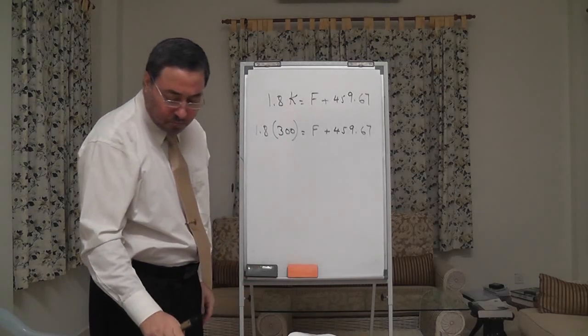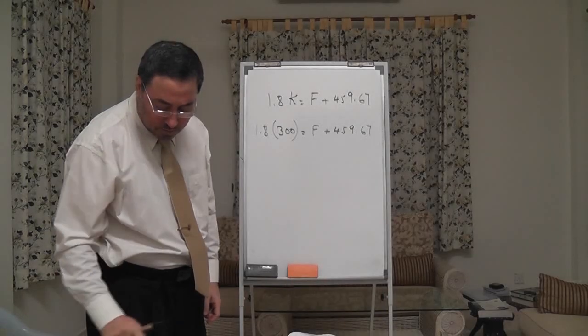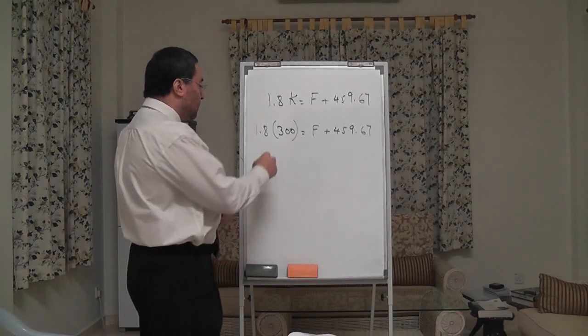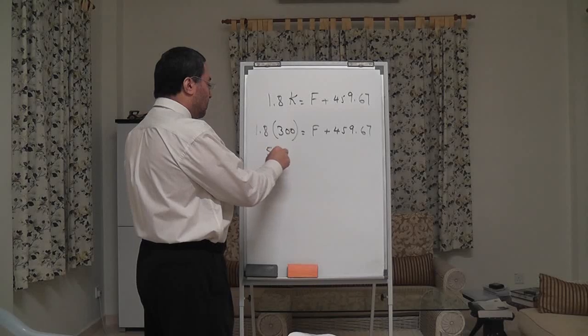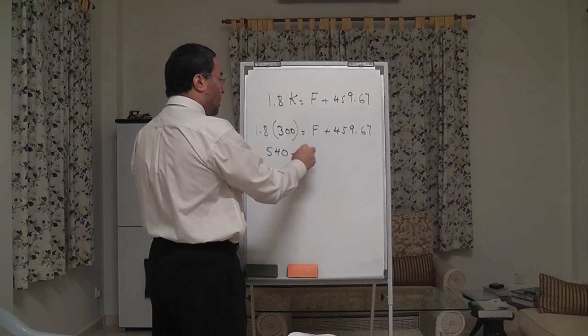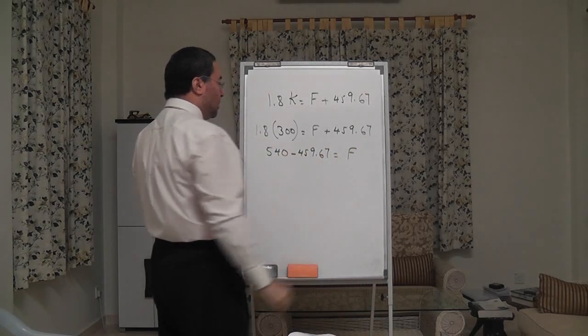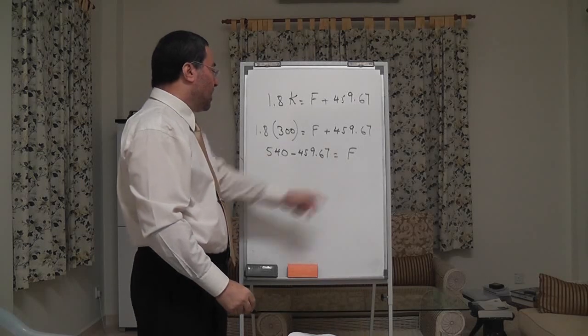So 300 times 1.8, 540. We can right away bring this here, minus 459.67, and that's equal to how much this is in degrees Fahrenheit.